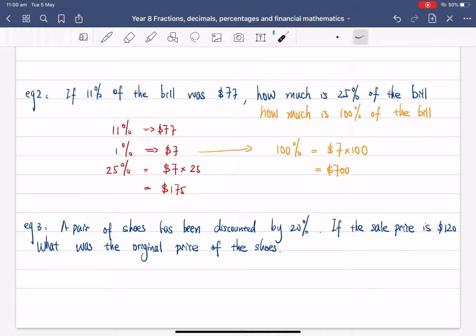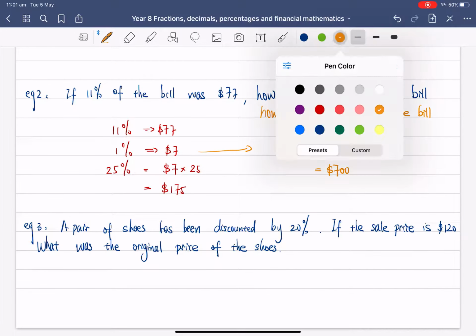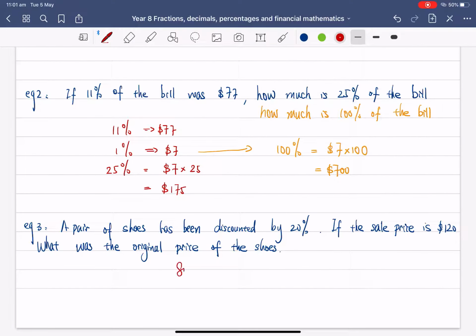If you first look at the question here, a pair of shoes has been discounted by 20%. That is a discount, and the sale price is $120. Discounted by 20% means you don't need to pay that 20%. You only need to pay 80% of the price. So your working out is that 80% of the price is equivalent to $120. We need to work out 100% of the price, which is the original price.